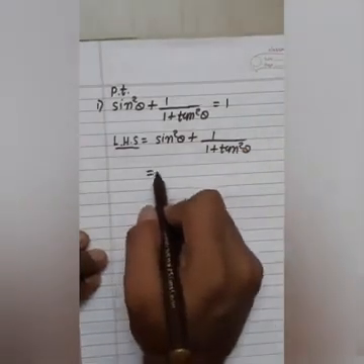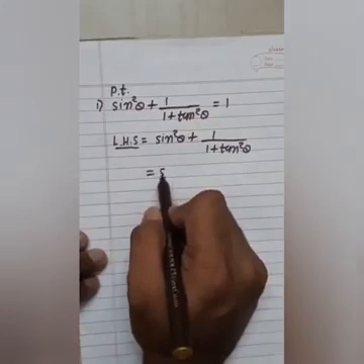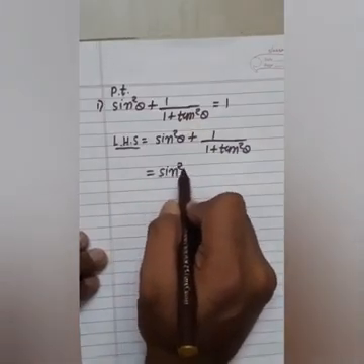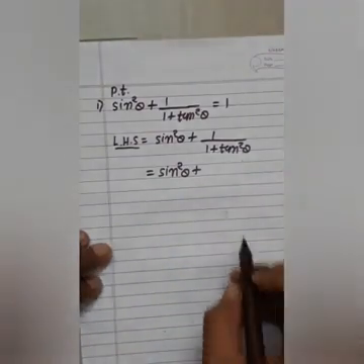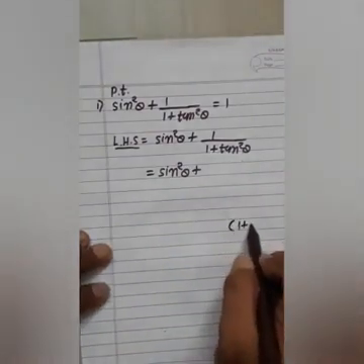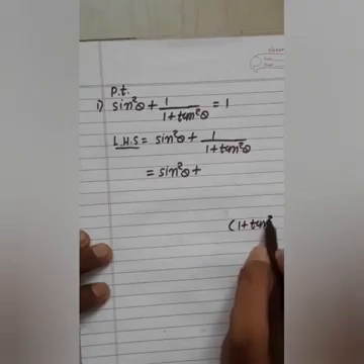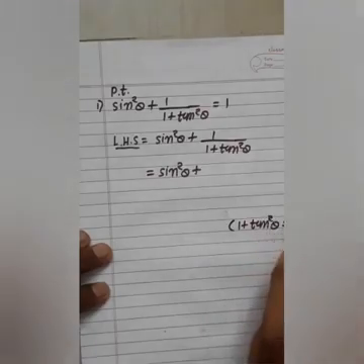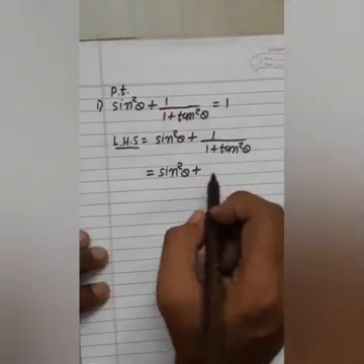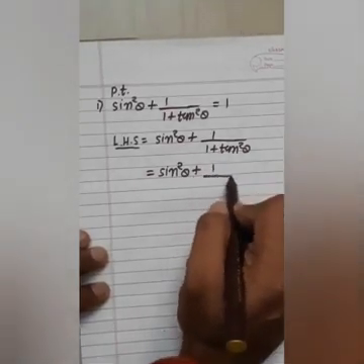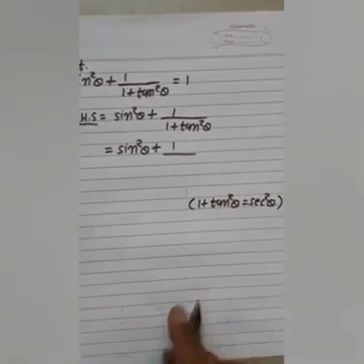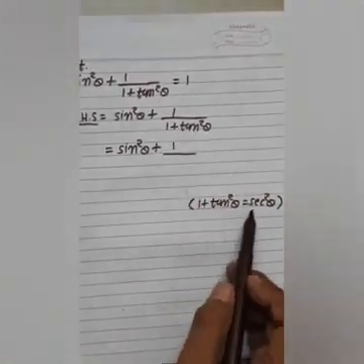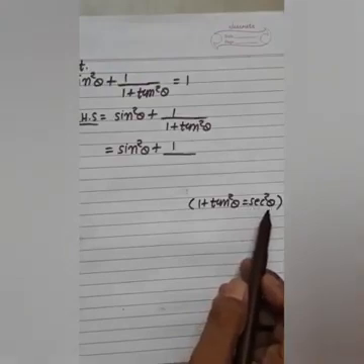So it is equal to sin square theta, we can write as it is, plus, now we know that 1 plus tan square theta is equal to sec square theta. So here we can write 1 upon sec square theta in place of 1 upon 1 plus tan square theta using this result.